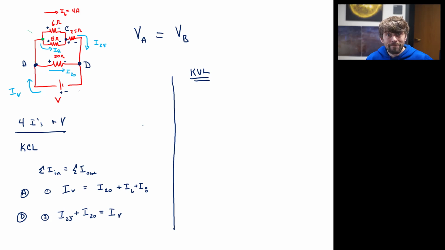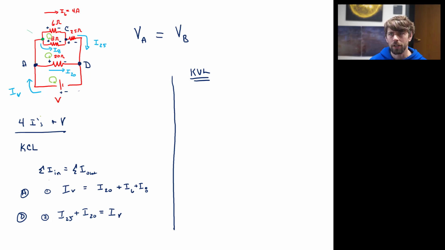You got it? Okay. Good. And you can notice I can see at least 4 loops here. Maybe there's 5. Of course, you can think of this bottom one right here, this middle one, and, for lack of a better term, this top one that involves the 6 and the 8 ohm resistor.